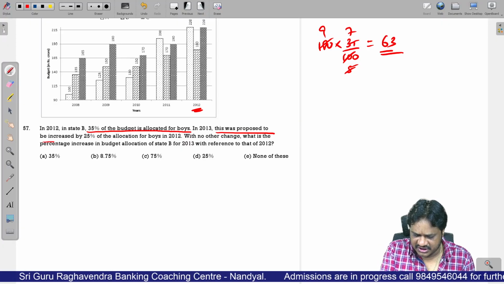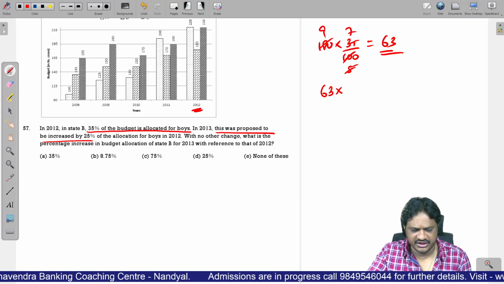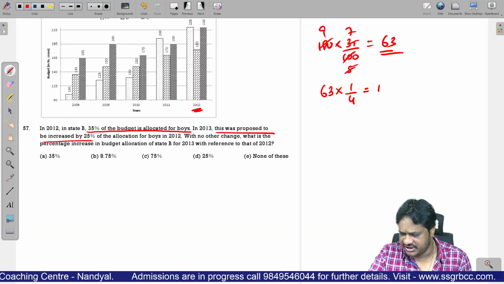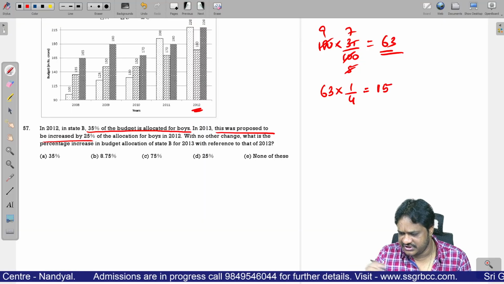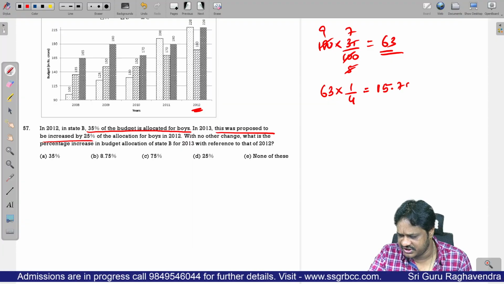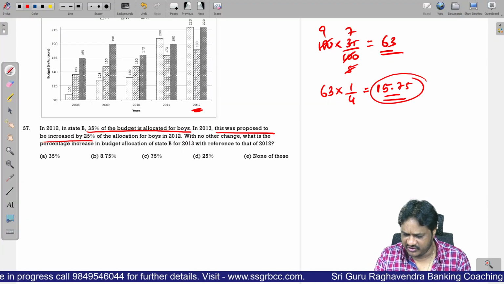In 2013, it is increased by 25%. So you have to take only the increased value. 25% increase means 1 by 4. 63 by 4 gives 15 and 3 by 4, which is nothing but 0.75. So the increased value is 15.75.